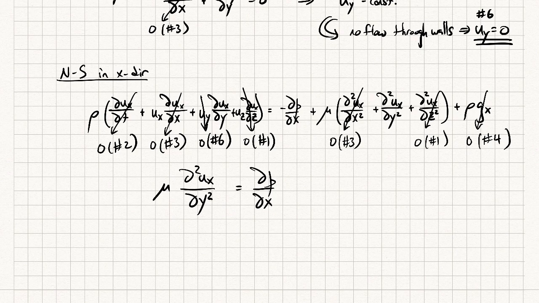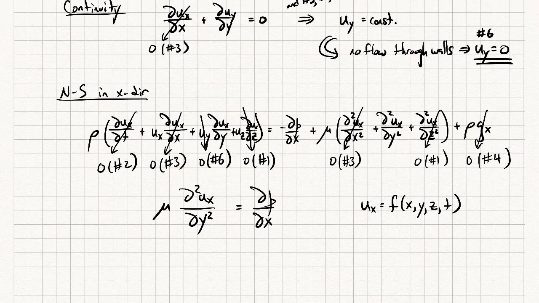Now before I go any further, let me just make a comment about our ux velocity. Again, our ux velocity, like our uy velocity or uz velocity, could be a function of x, y, z, and t, right? So it could be any of those. Well, we know it's not a function of x because it's fully developed in the x direction. We know it's not a function of z because it's a planar flow. And we know it's not a function of time because it's steady.